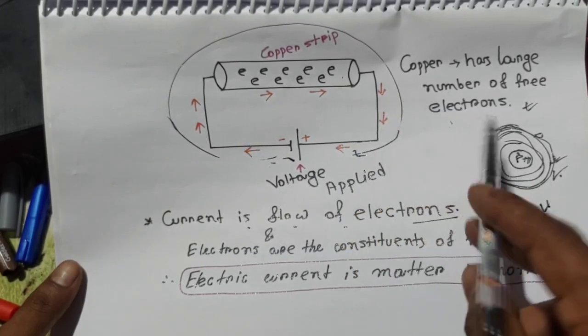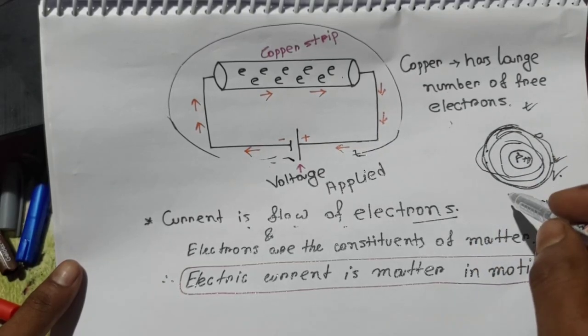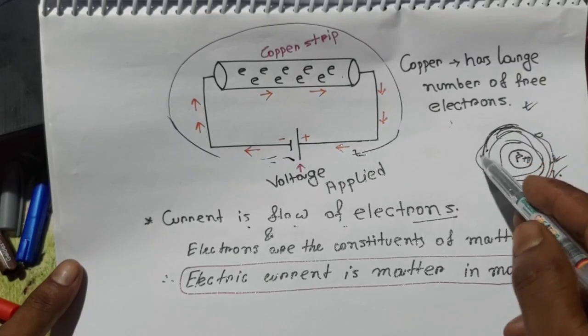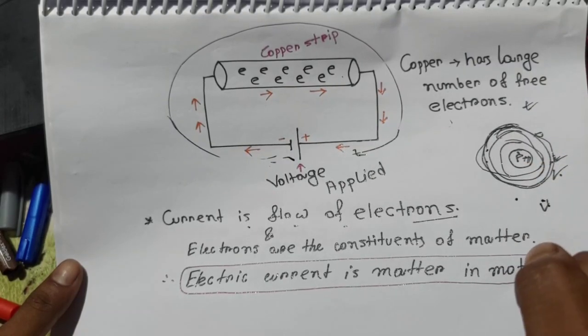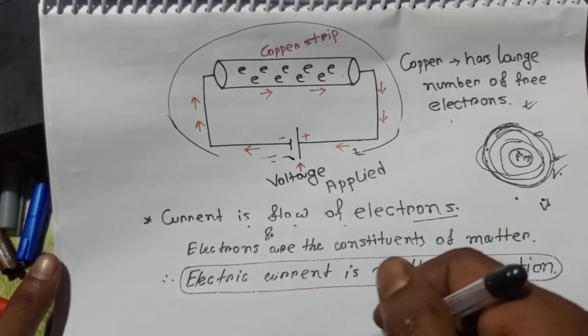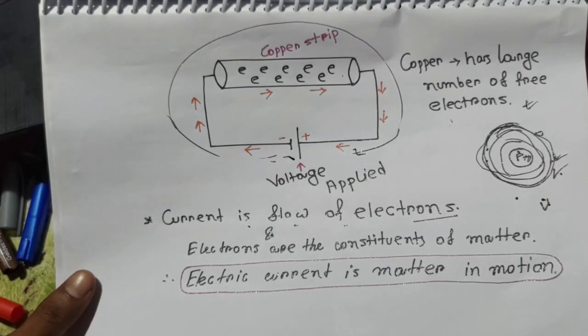Free electrons are from where? Valence electrons. And valence electrons are which electrons? The outermost orbit electrons are valence electrons. Not all the valence electrons are free electrons.